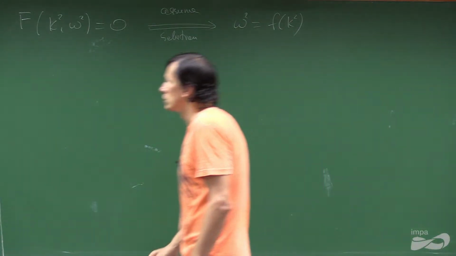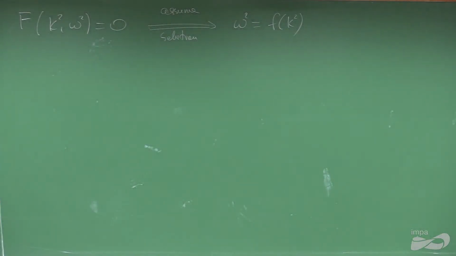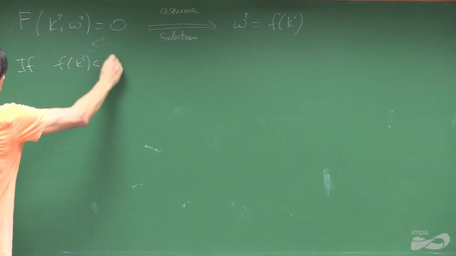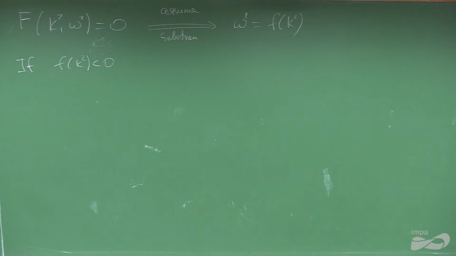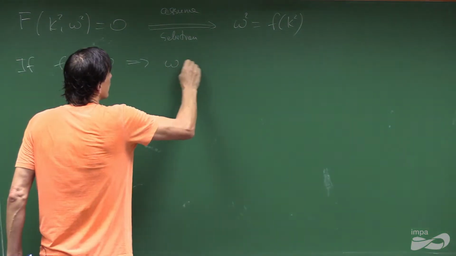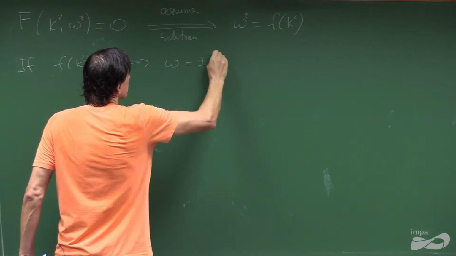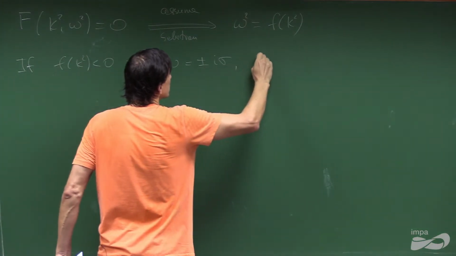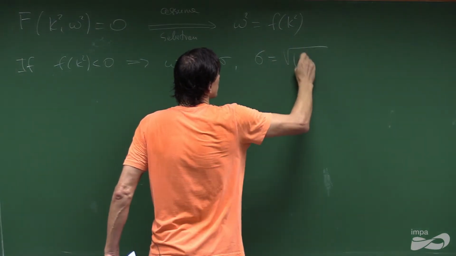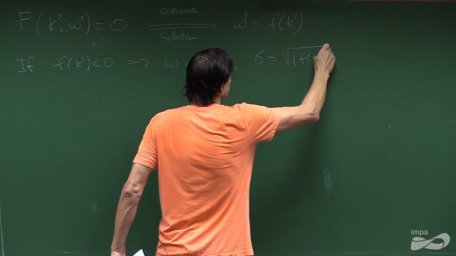And then if f of k squared is negative, right, then omega can be plus or minus i sigma, where sigma is the square root of f of k squared.